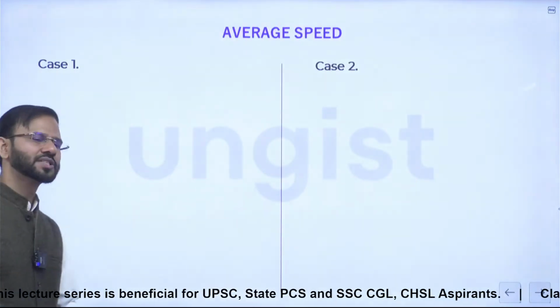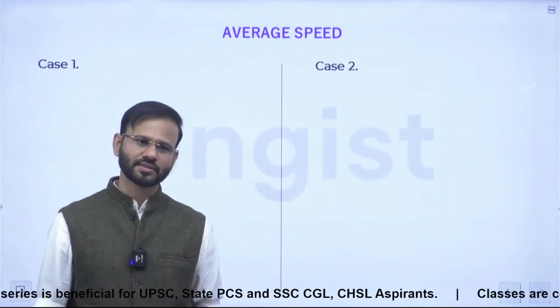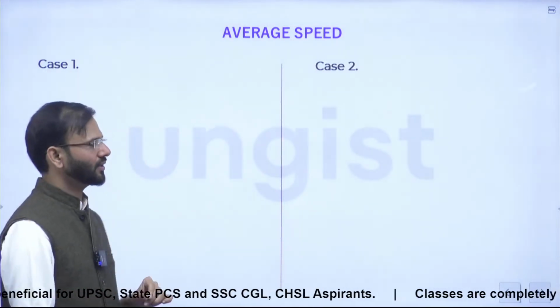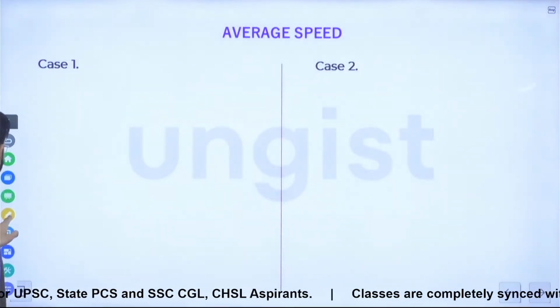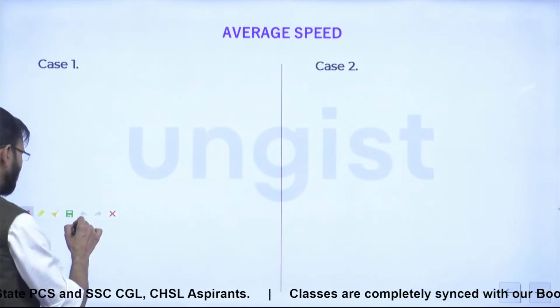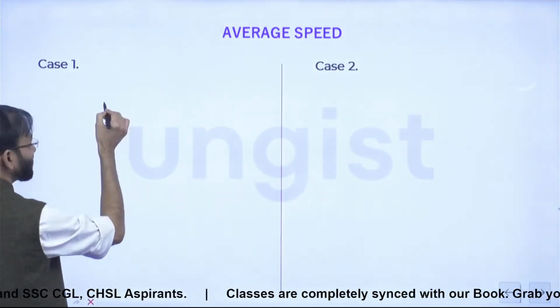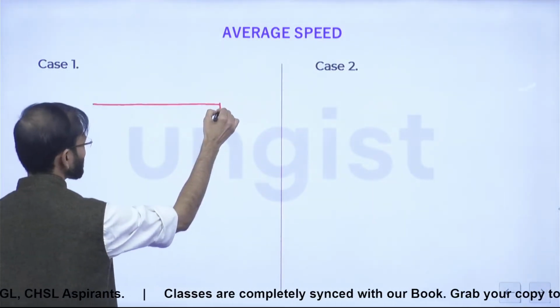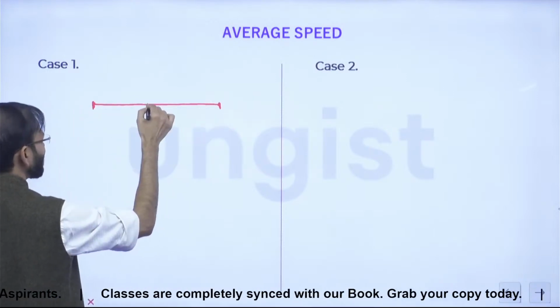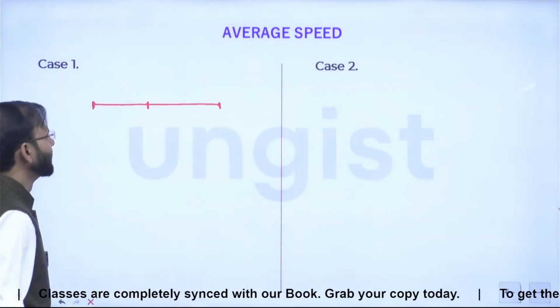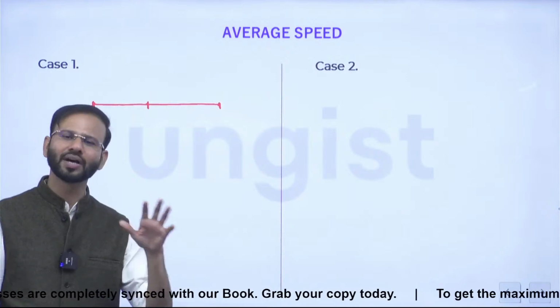Now, friends, in average speed, we generally have two cases. In the examination, case 2 is really important, but sometimes case 1 also can be asked. In case 1, a person divides his total journey into two equal halves.